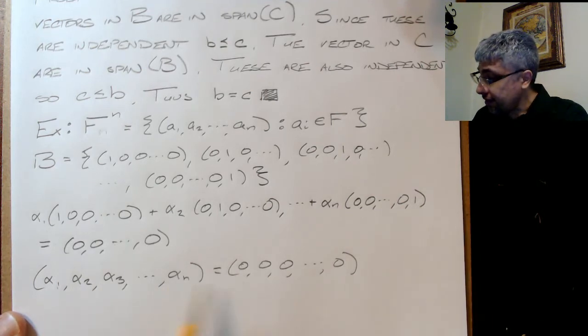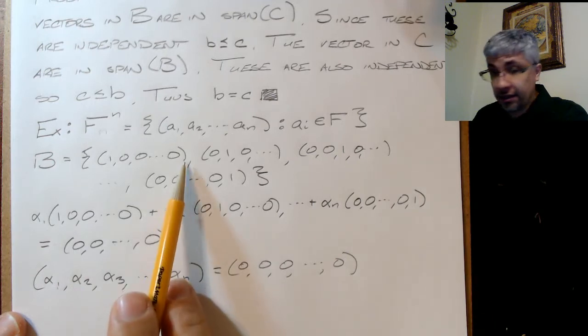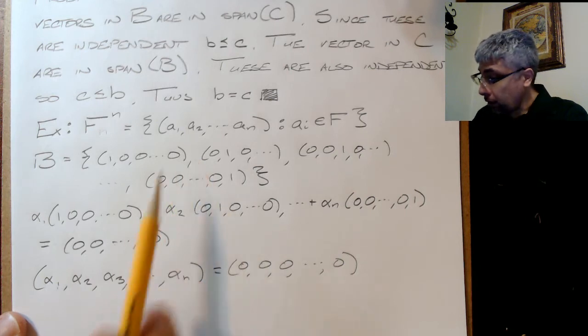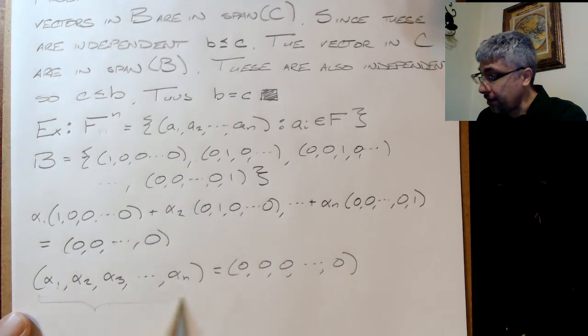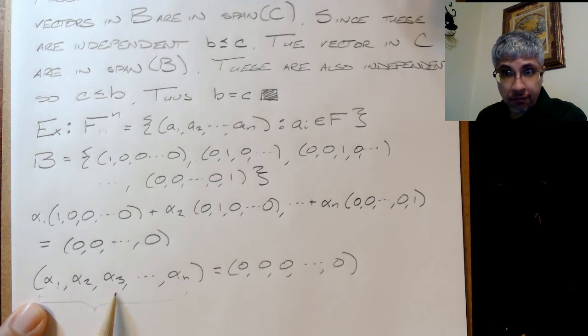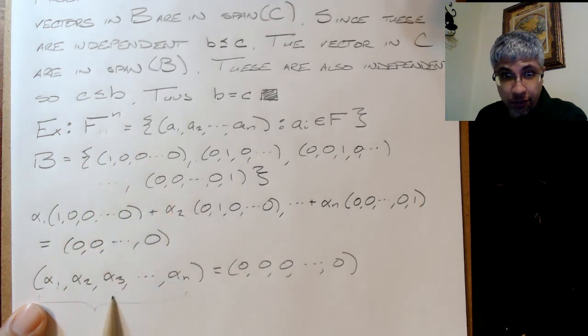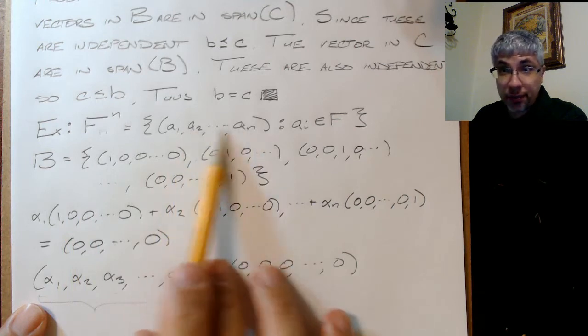So what does this tell me? Well, it tells me that these vectors are independent. But they also span the entire set. And how do I know that? Well, because if you have anything of this form, you can write it as linear combinations of these vectors in B. But any vector in F to the n is of this form by definition, because these are just the tuples.